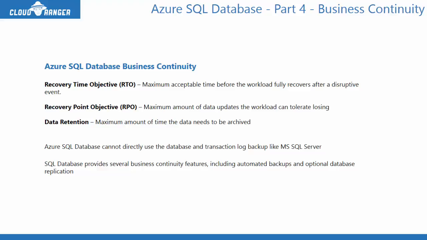But it may also happen that they come and say, hey, we can't miss anything. We have to ensure that customers can order no matter what. So at that point, what you're saying is, okay, I have a very aggressive RPO. I cannot lose anything. So the technology that I need to put behind my business continuity has got to be very robust.